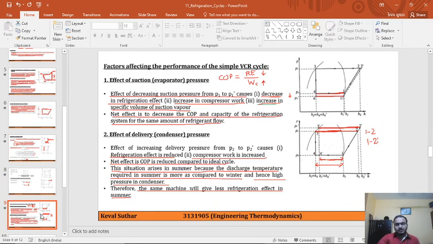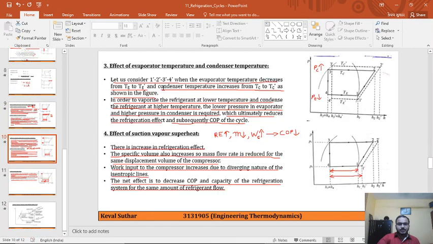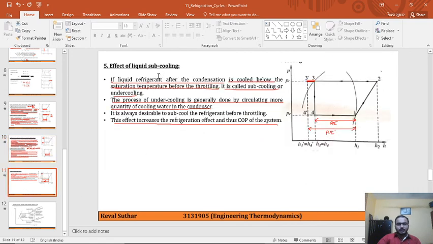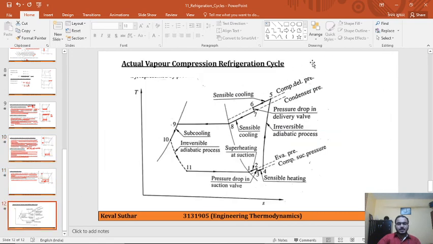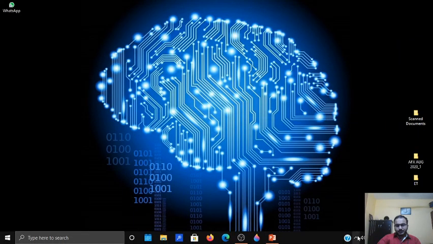Next was factors affecting the performance of the simple VCR cycle, in which the effect of evaporator pressure, condenser pressure, effect of evaporator temperature and condenser temperature, effect of superheat and effect of liquid subcooling, and we will continue this chapter in our next lecture. This is the end of today's lecture.